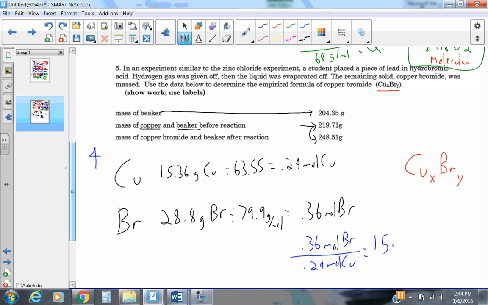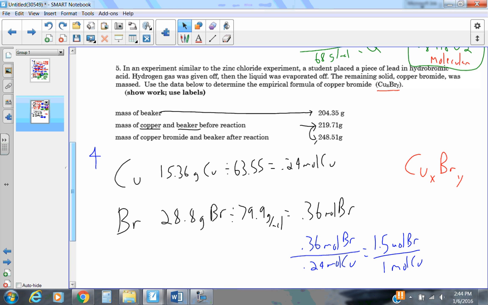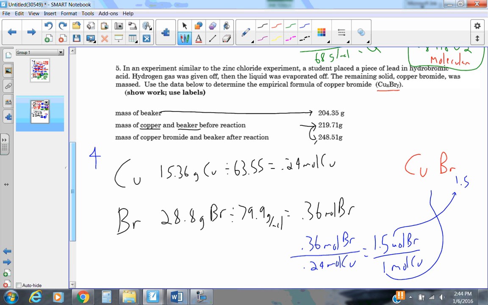What does that mean? 1.5 moles of Br to 1 mole of copper. So what I think I need to do is take that 1.5 and put it here, take that 1 and put it over here, but we can't have partial atoms. They have to be whole numbers. So this didn't end up as a whole number ratio.